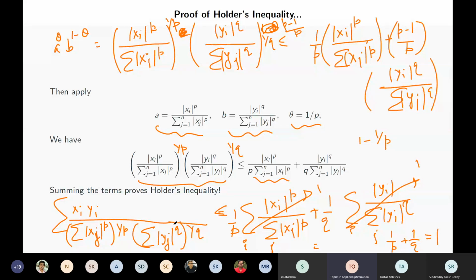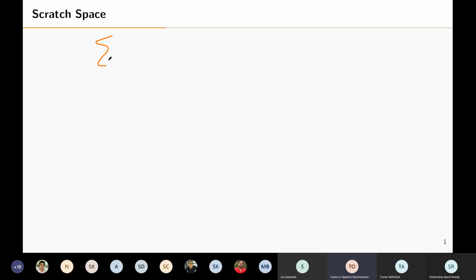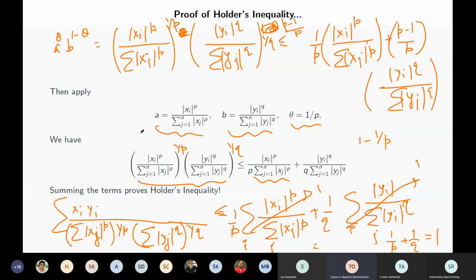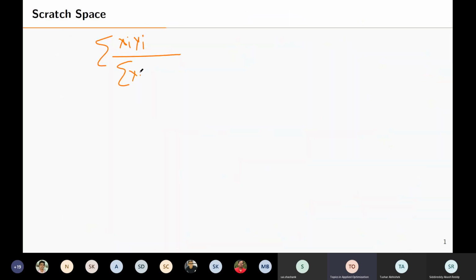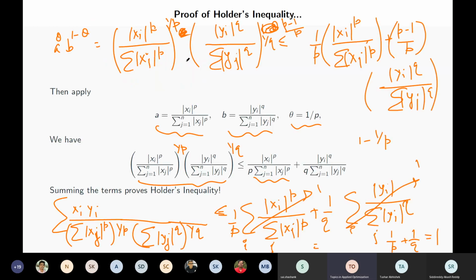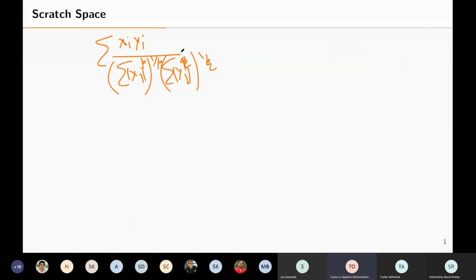Okay, so if we write it down here, we have sum of x_i y_i by sum over x_j to the power p, raised to 1 by p, times sum over y_j to the power q, raised to 1 by q, and this is less than or equal to 1.